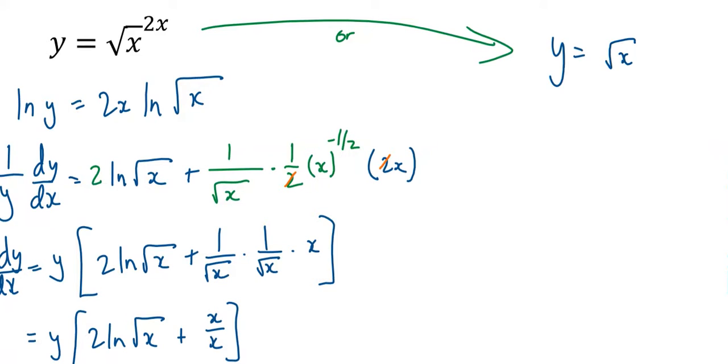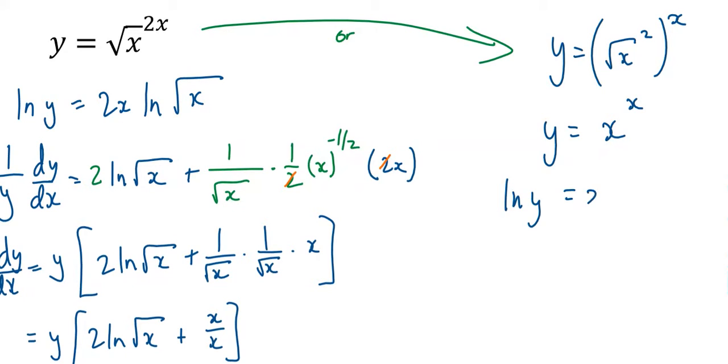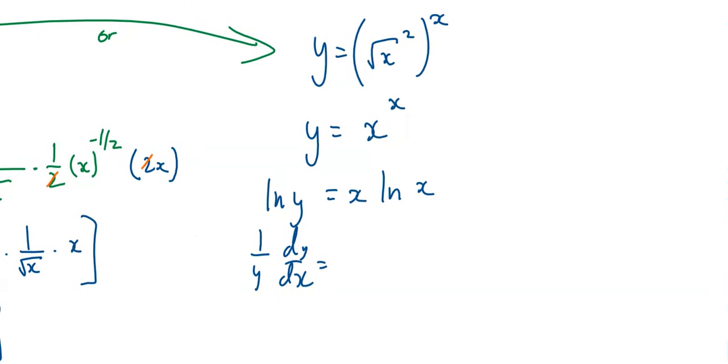So ln of y equals x ln x, 1 over y dy by dx equals the derivative of the first thing, which is just 1 times the second thing, plus 1 over x times x. So I would tend to say, yeah, that was easier.